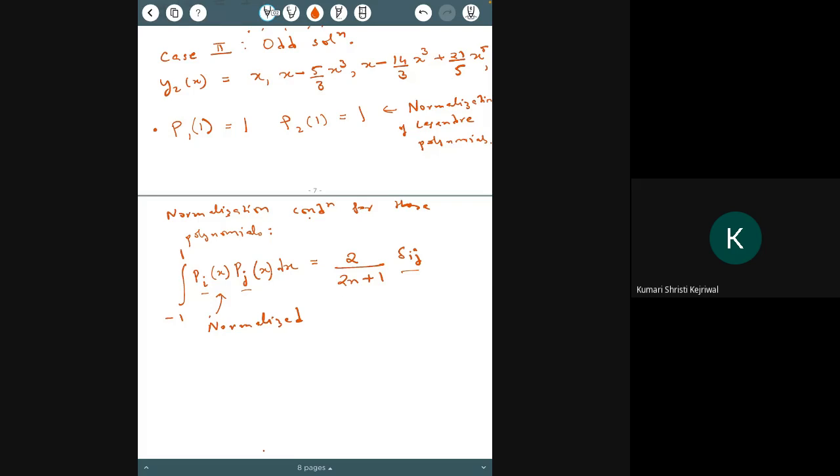And then you divide, of course, by the square root of this number to get the normalized Legendre function.